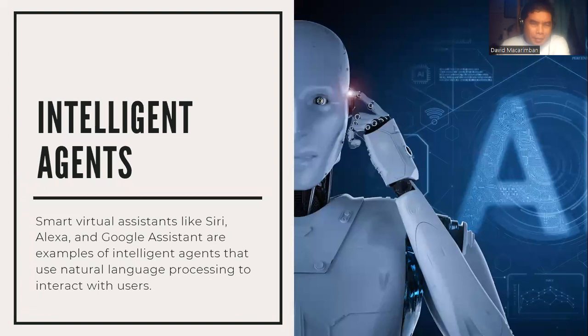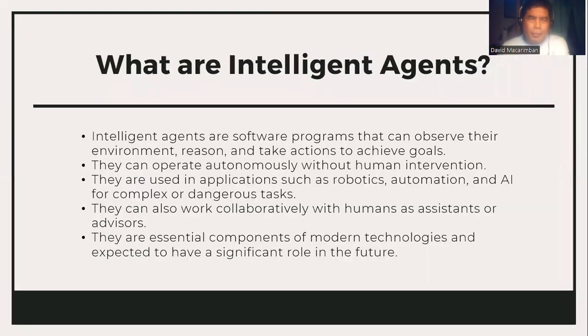Intelligent agents: smart virtual assistants like Siri, Alexa, and Google Assistant are examples of intelligent agents that use natural language processing to interact with users. What are intelligent agents? Intelligent agents are software programs that can observe their environment, reason, and take actions to achieve goals. They can operate autonomously without human intervention.